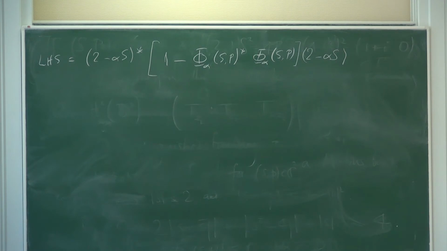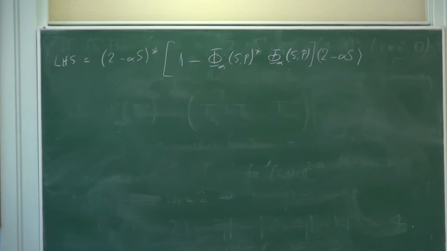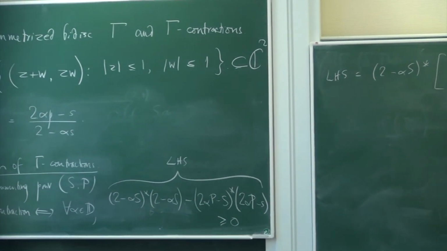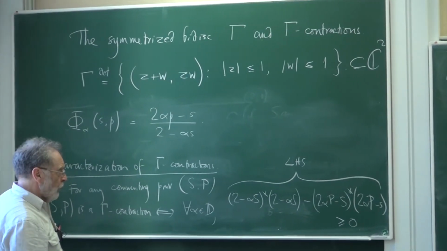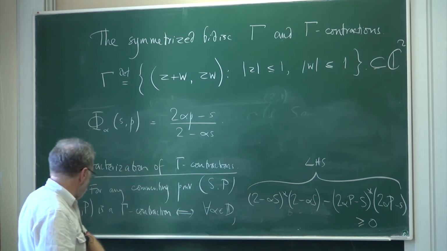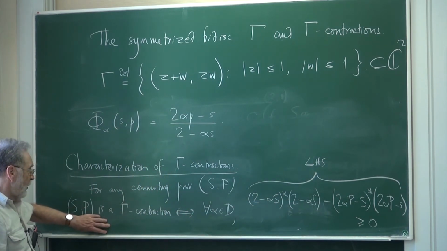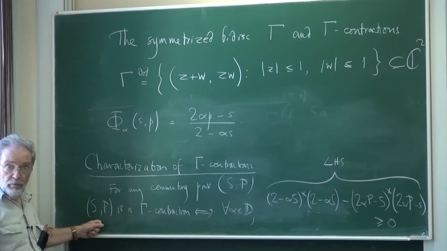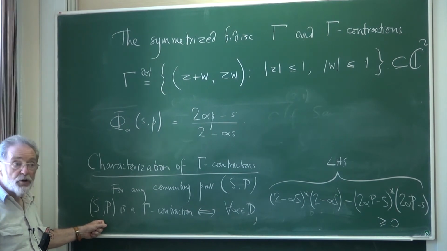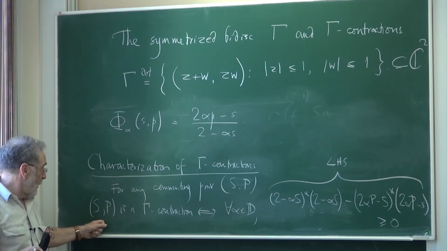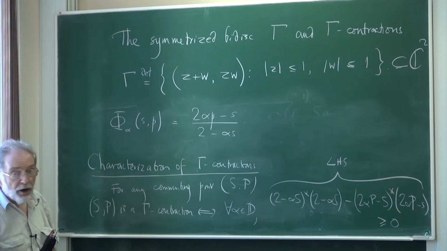Let's see, have I assumed that? Yes, right. What am I trying to prove? I'm trying to prove necessity. So I start off with (S, P) as a gamma contraction, and from that it follows that the norm of S is less than or equal to 2, because you can apply the first coordinate function to (S, P) in the definition of a gamma contraction.